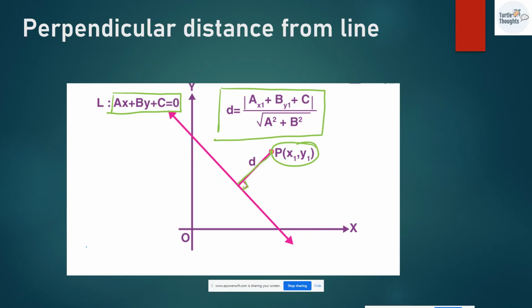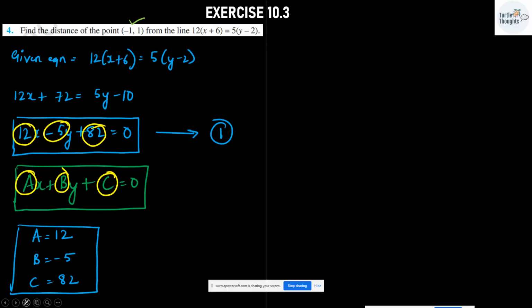The formula is d is equal to the modulus of ax1 plus by1 plus c divided by the root of a square plus b square. Let point P, which is (x1, y1), be the point (minus 1, 1). x1 is going to be minus 1, y1 is going to be 1.